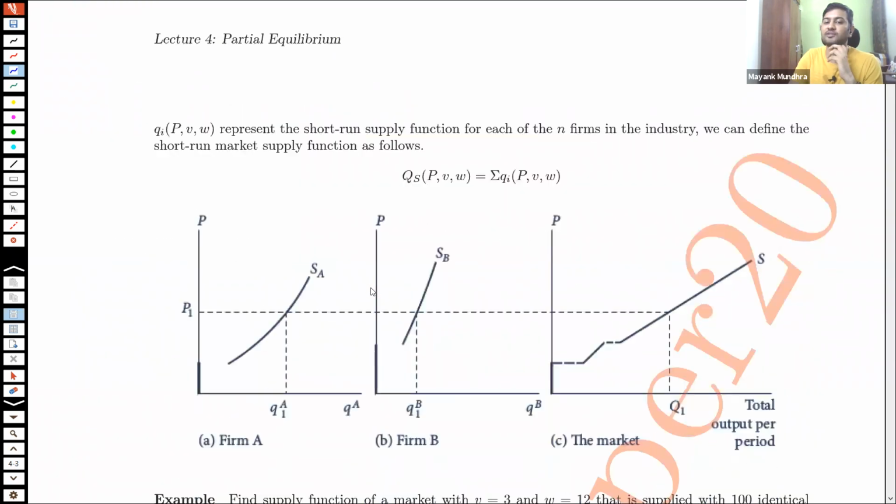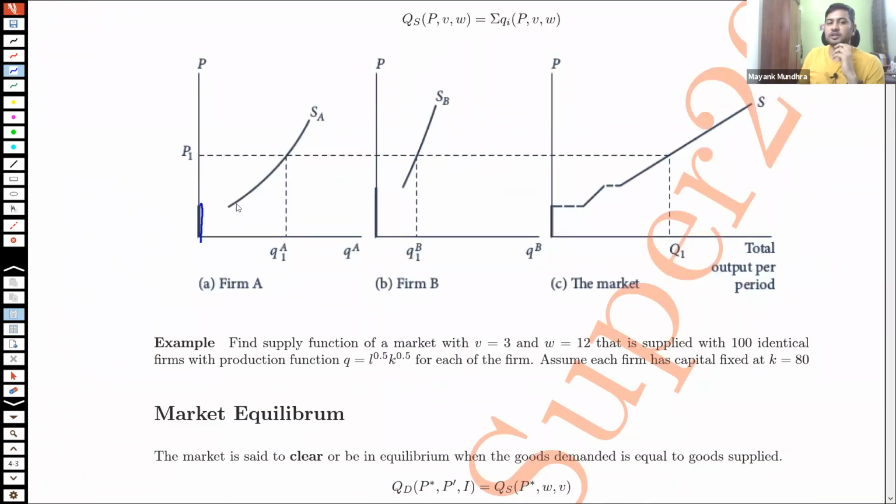And this is true for all firms. So for different firms, I would have different shutdown prices. So this looks like the supply curve for two different firms. Suppose a market is being supplied by just firm A and firm B. There are only two firms supplying the entire market, but I'm still assuming that they are perfectly competitive.